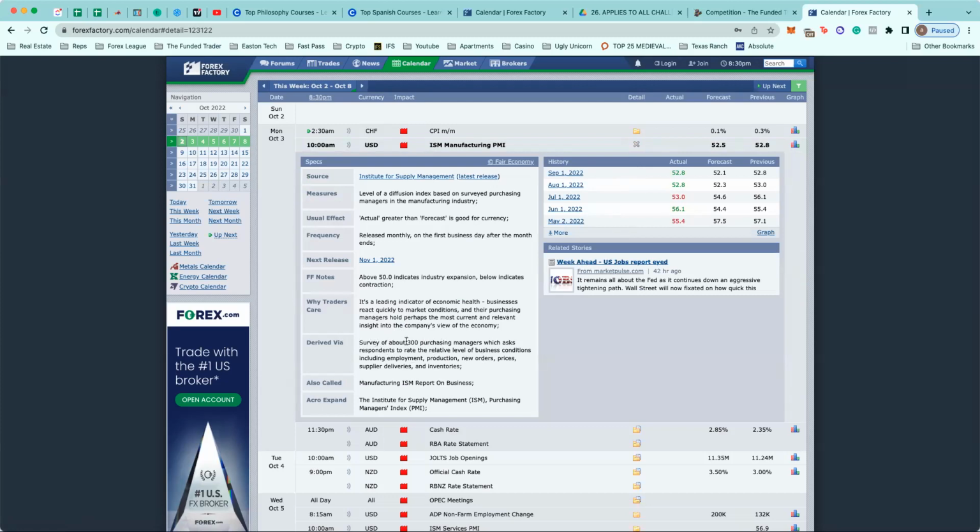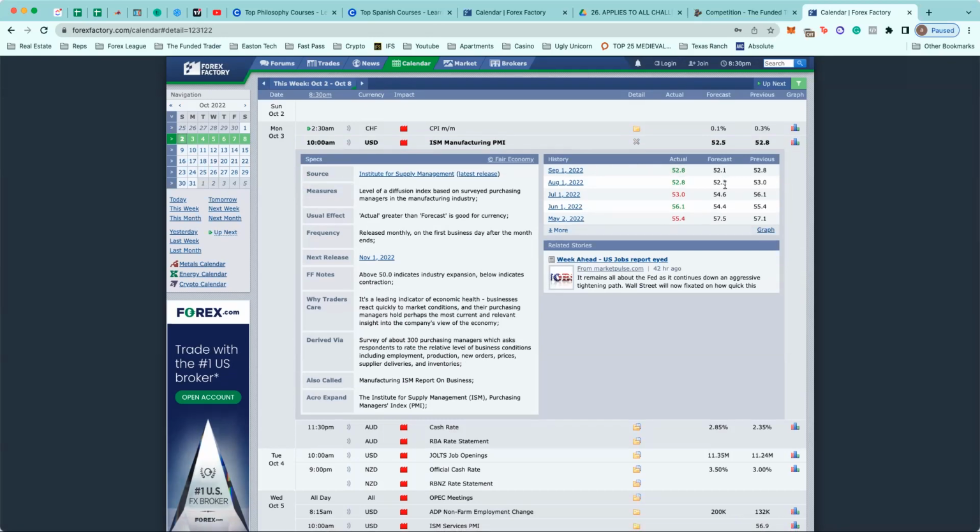In this one, they survey about 300 purchasing managers to rate their relative level of business conditions, including employment. You want to gauge whether this is going to be significant based on, in my opinion, how many businesses they are actually surveying. And then you can see the forecast over the last several months. The last 2 months, it's actually beat the forecast, so it's come in above, which is interesting.